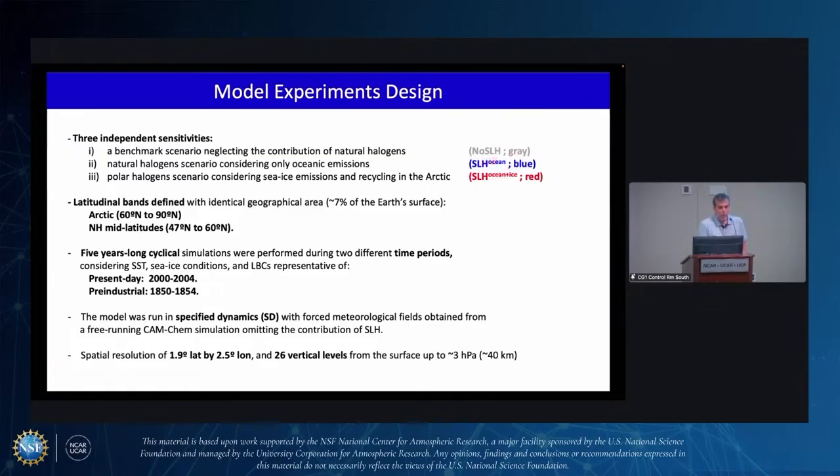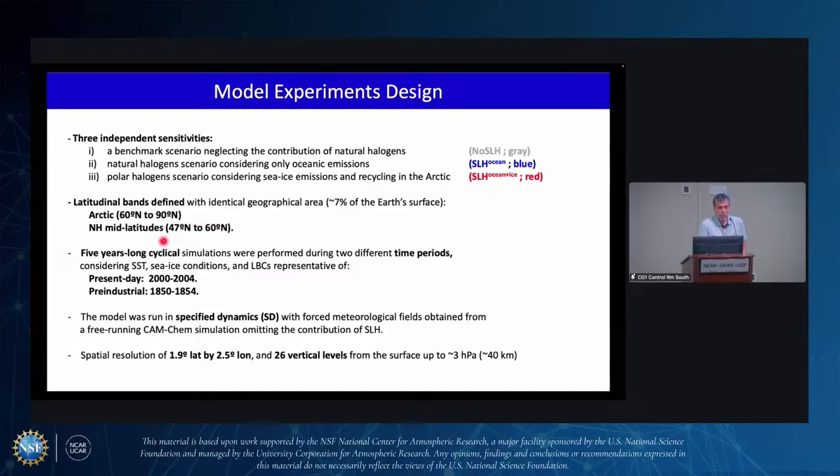And we will consider two different bands. The Arctic latitudinal band, which goes from 60 degrees north to the pole, and a region of equivalent area, from 47 degrees north to 60 degrees north, which has the same area as the polar cap.